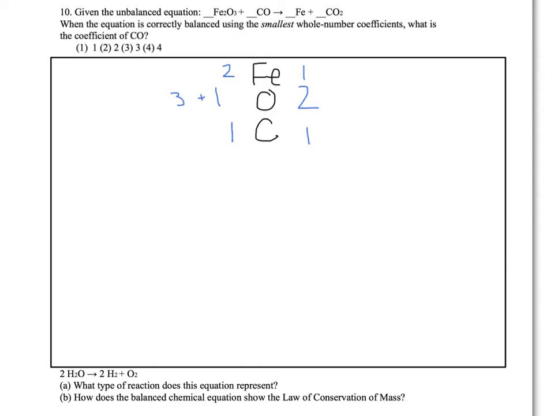Now, if the coefficient on the carbon monoxide was 1, then we would be out of balance, because that basically means not adding a coefficient. And we see that without a coefficient, our oxygens are imbalanced.